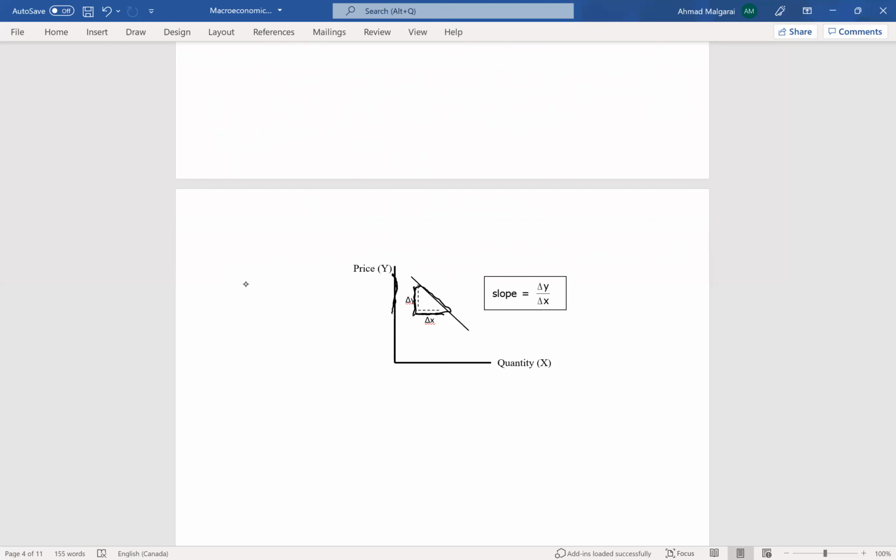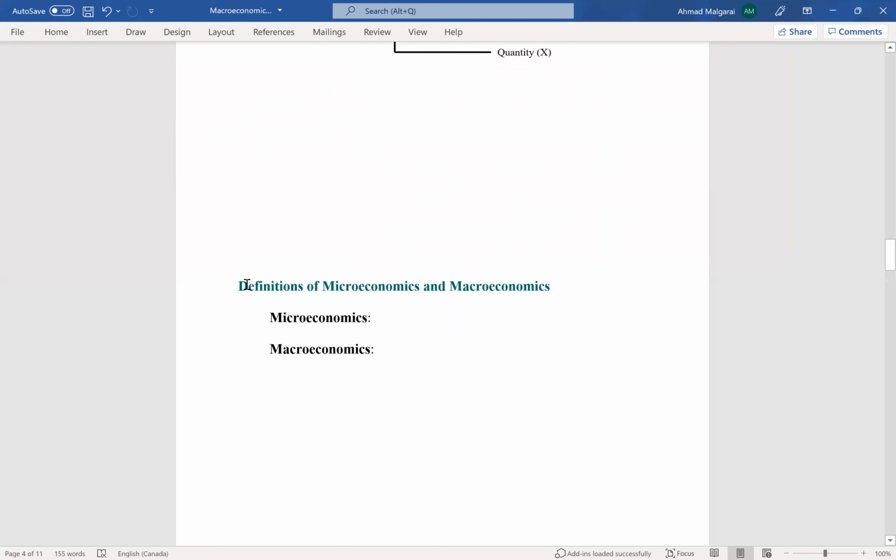This can be written as slope equals the change in vertical distance over the change in horizontal distance, or change in y over change in x. It can also be written as slope equals rise over run.